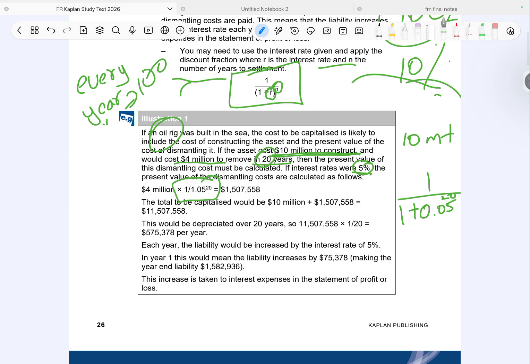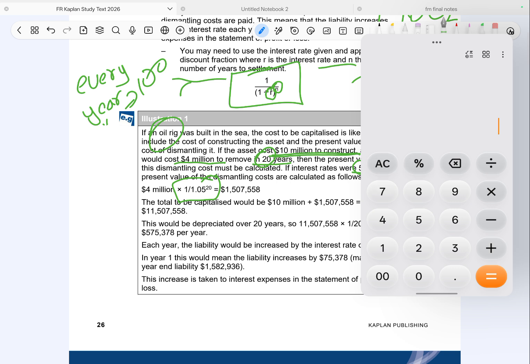Now how do we calculate it? It's very easy. I'm going to take 4 million as 400 into 1, which gives us 400. Now divided by 1.05. Now we get it as 380, but you need to keep pressing this equal to button 20 times. You need to count how many times you're pressing it, but you need to continue pressing it for 20 times.